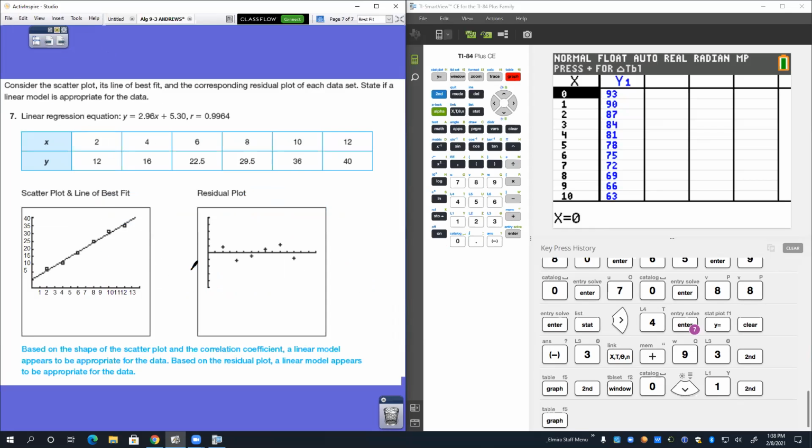And this is the type of question that you had the other day. Looking at the residual plot, the R value looks like it's linear. The actual data of the scatter plot looks like it's linear. You have some up above, some below. So that's no pattern. So this would definitely be an example of linear.